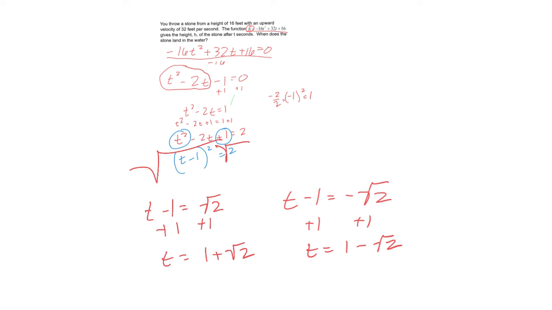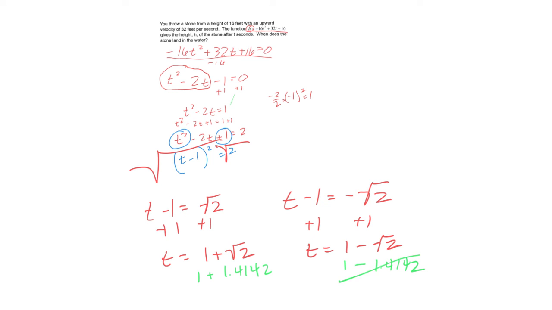Now I'm going to use my calculator and figure out what square root of 2 is. Square root of 2 is 1.4142, and then it keeps going forever and ever. But I'm going to round to the nearest tenth. It doesn't tell me where to, so I'm just going to do it there. So 1 minus 1.4142.